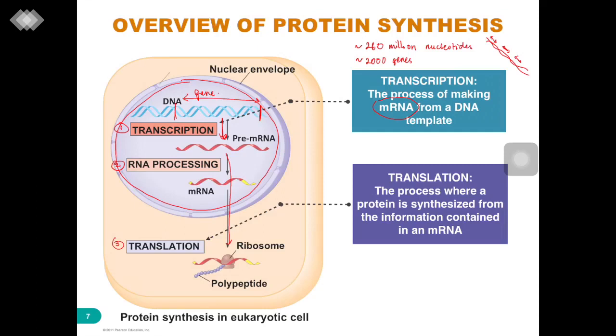When you want to produce protein, protein is made up of an amino acid sequence. So you will see that the language is not the same. mRNA is made up of nucleotides, protein is made up of amino acids. So what happens during translation is the mRNA will be translated into an amino acid sequence, and then you will have your polypeptide chain, which will later become protein.